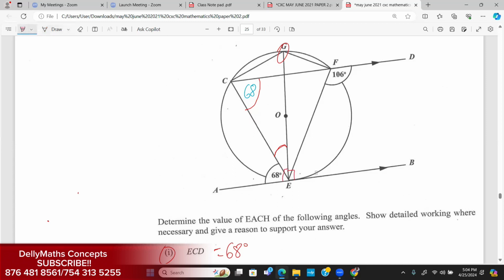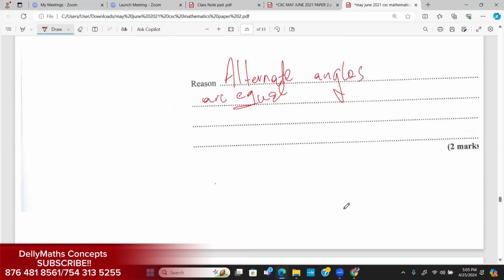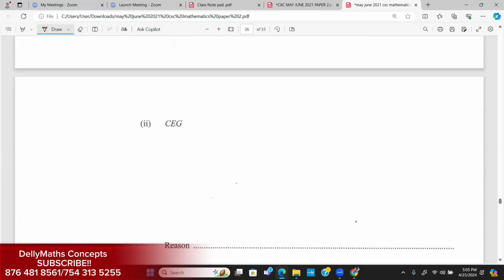So there is a 90 degree angle at point E where the diameter intersects the tangent to the circle. So now we're going to utilize that fact to work out the missing angle. If I take the 68 out of the 90 degrees, I'm left with 22 degrees.